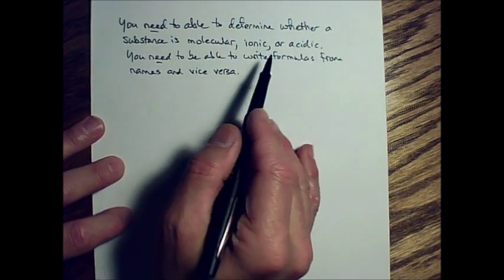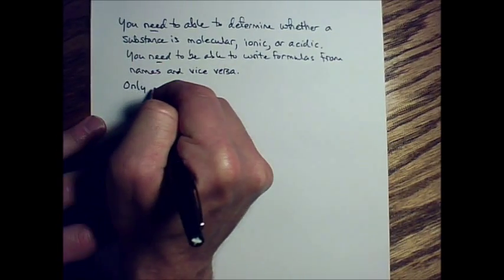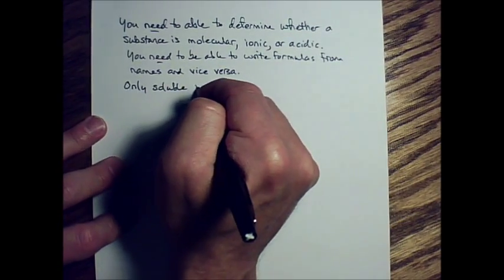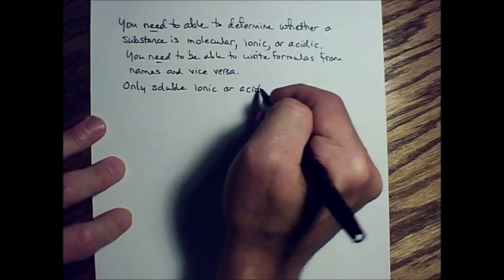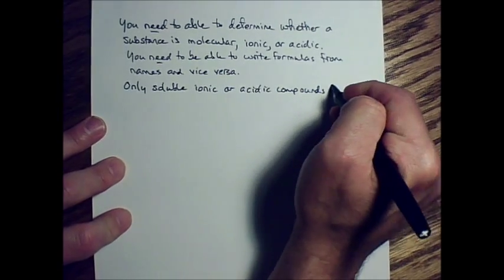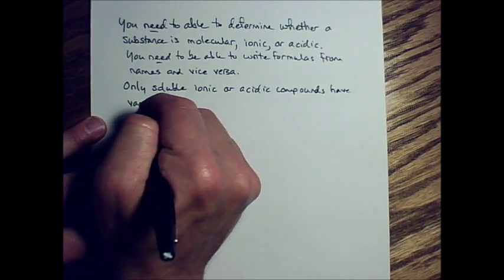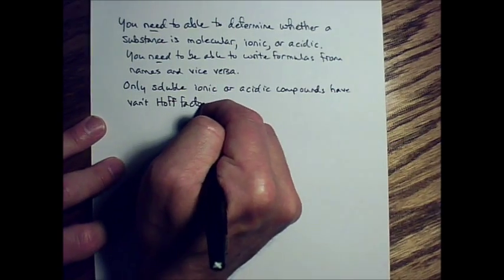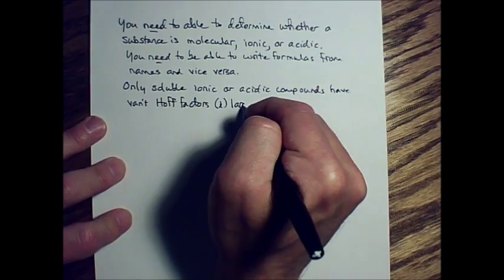So it's important to be able to do this because only soluble ionic or acidic compounds have Van't Hoff factors, that's that letter i, larger than 1.